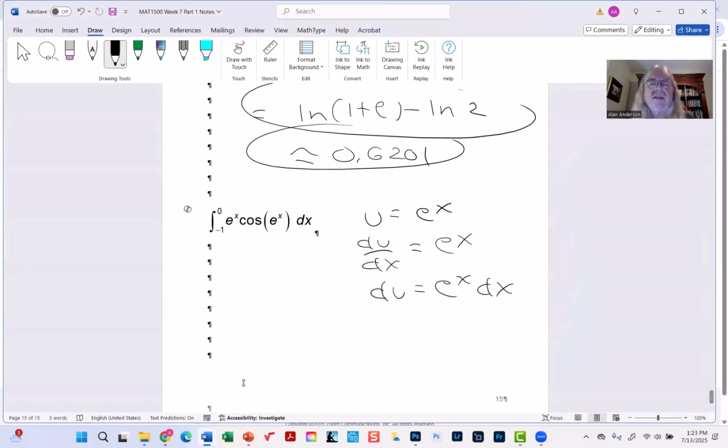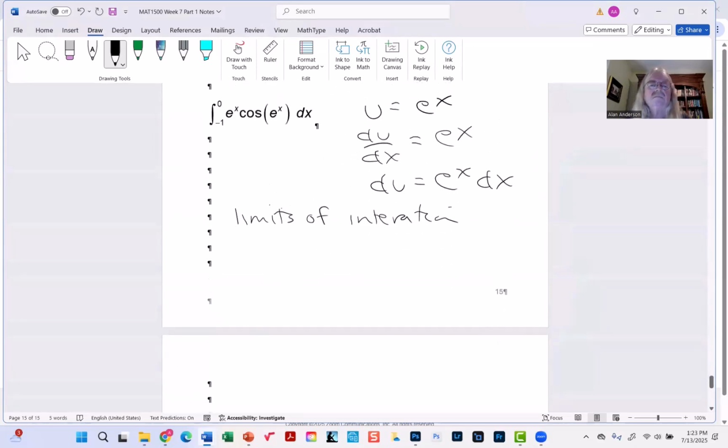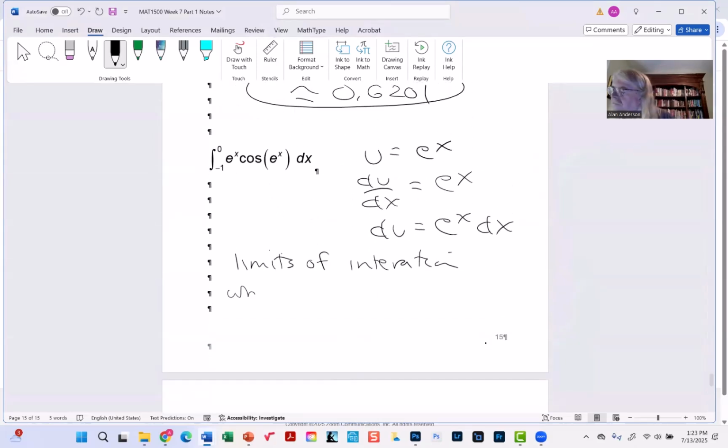Okay. And then as far as the limits of integration go, when x equals -1, u equals e to the -1. And then when x equals 0, the upper limit, u equals e to the 0, which is 1.